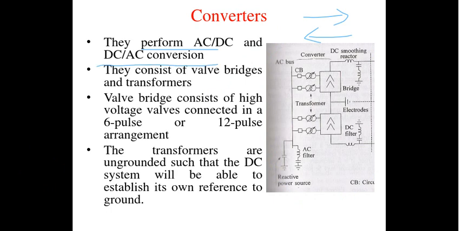Now if you look at the converter, this is the typical representation of it. They consist of the valve bridges and the transformers, and these valve bridges depend upon the requirement of the system. So you may have a 6 pulse or 12 pulse arrangement depending upon the requirement.